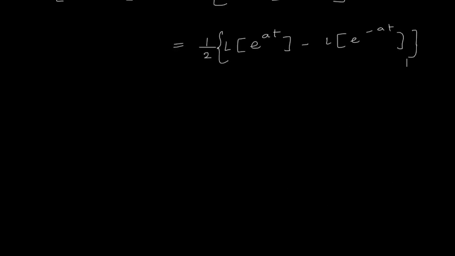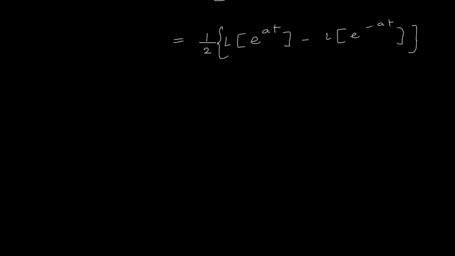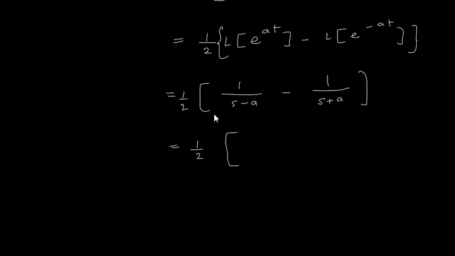We know the value of Laplace of e power at, it is 1 upon s minus a, minus 1 upon s plus a. So when we simplify, we get 1 upon 2 into, s plus a minus s minus a, whole divided by s minus a into s plus a.